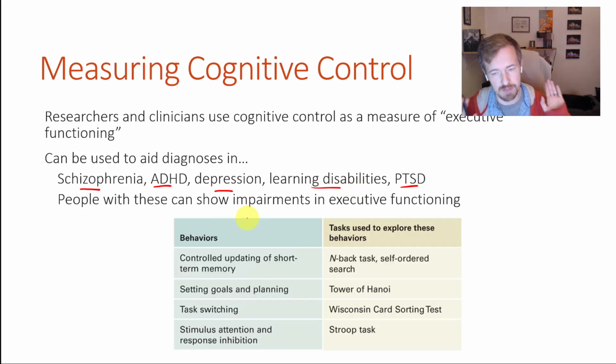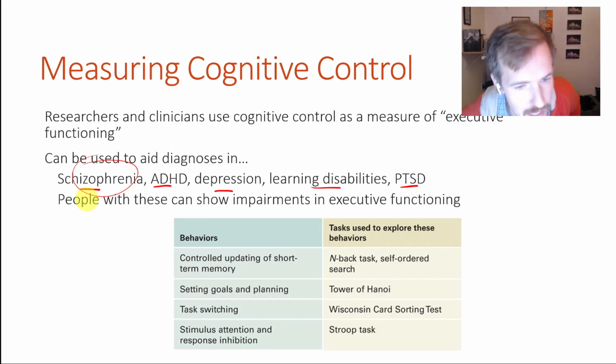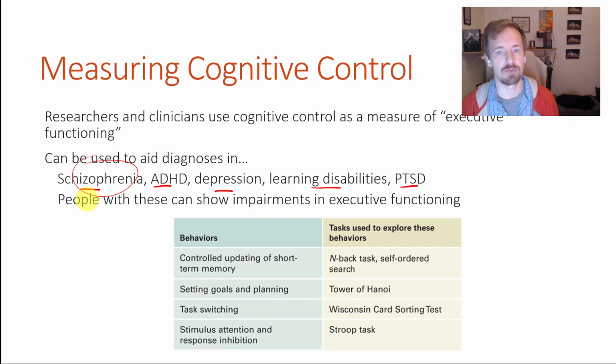Just because you have an impairment in executive functioning doesn't mean that you have schizophrenia, nor does having schizophrenia mean that you definitely have problems with cognitive control. But you can think of it as, if you have schizophrenia, you are more at risk for having impairments in cognitive control, or if you have ADHD, you're more at risk for having deficits in working memory.